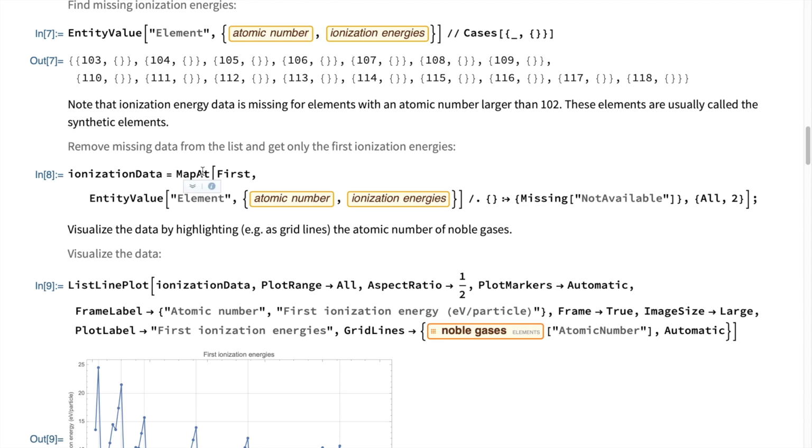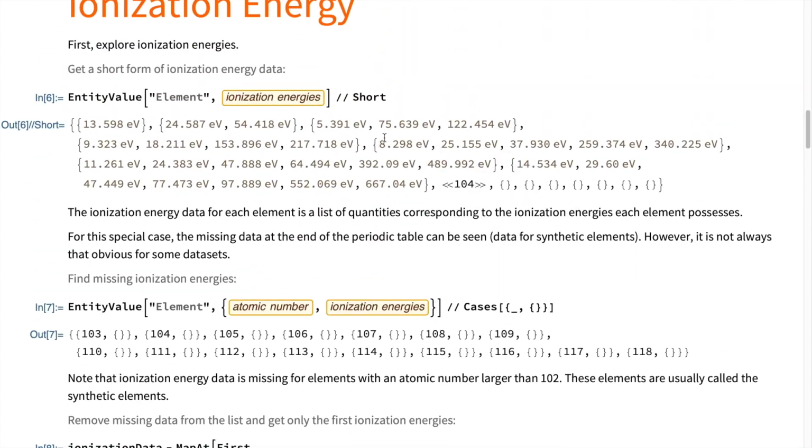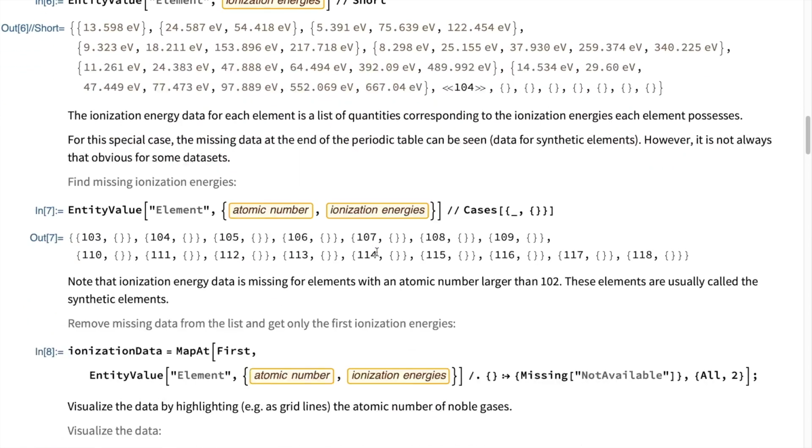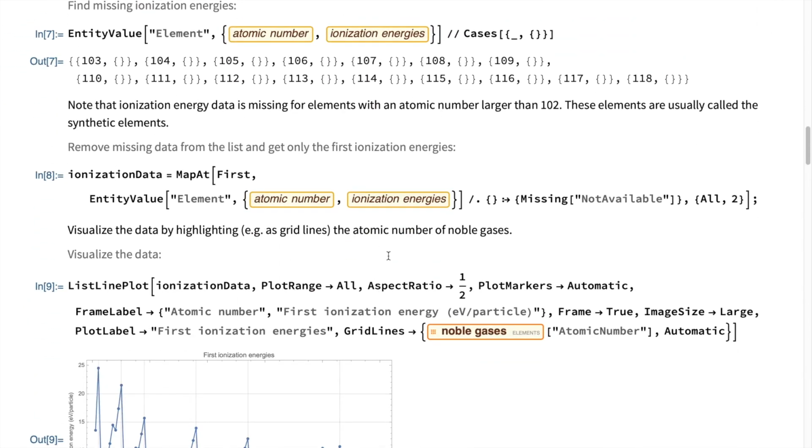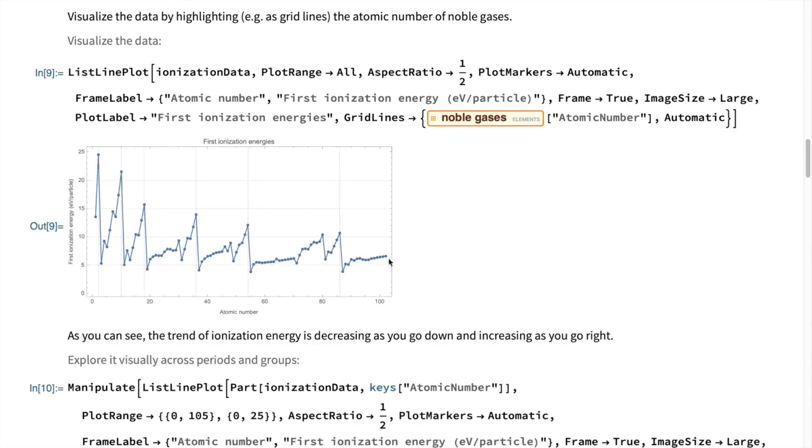Then I will apply the map@ function, which will map first onto all the second elements in my data. This is because in importing ionization energies, we get multiple, but we only want to look at the first ionization energy here. The later ionization energies just signify how much energy is taken to get the next electron removed and so on. I can now visualize this data using a list line plot.